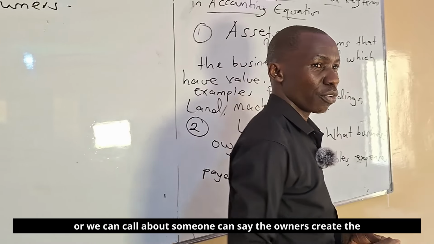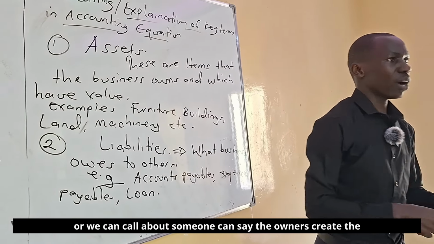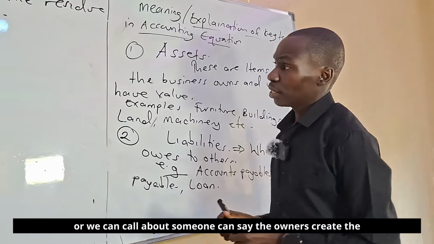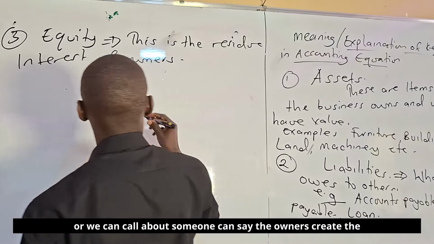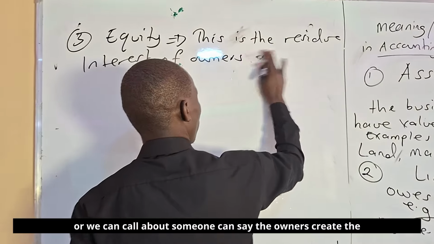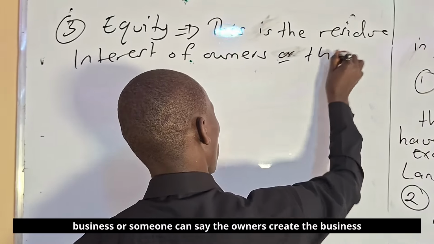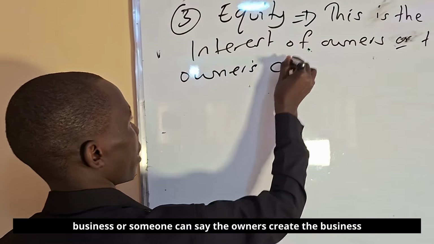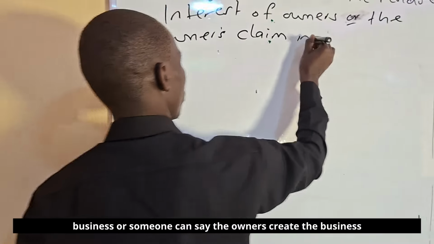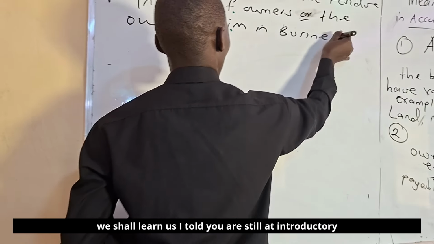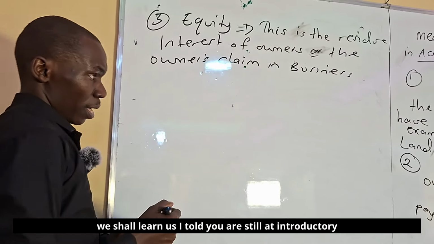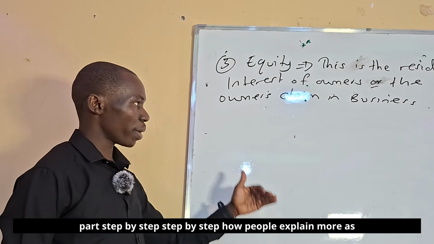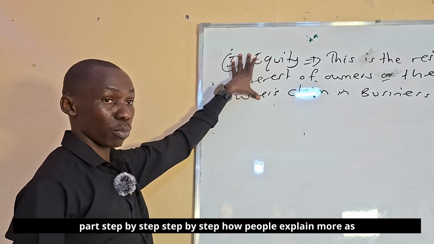Someone can say it is the owners' claim on the business. Don't worry, my learners, I told you we are still at the introductory part. Step by step, I'll keep on explaining more as we move on.